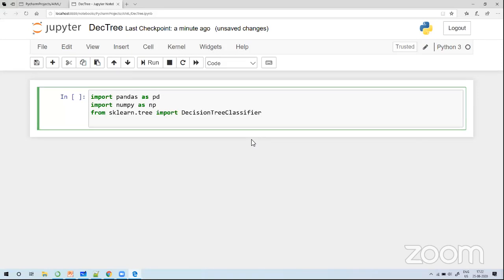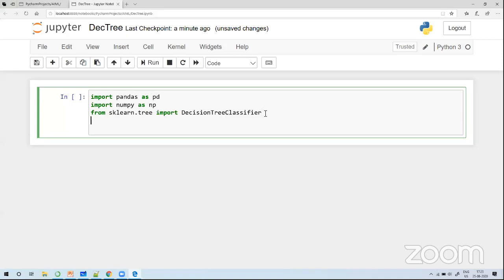One good thing about decision trees, the decision tree that we are going to use here is called CART, classification and regression trees. We will see what the science behind it is in a little while. And the name itself says these decision trees are capable of producing both classification as well as regression.